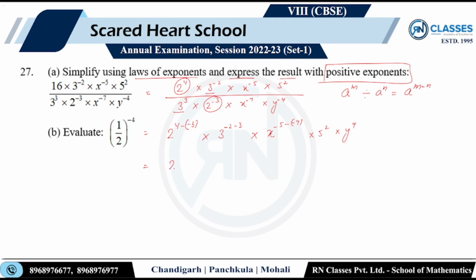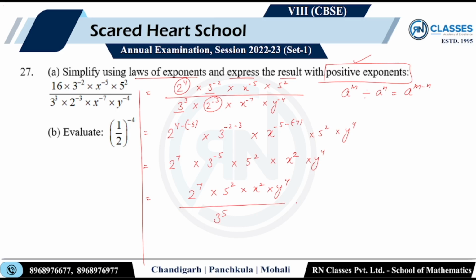So this would become 2 raised to the power 7, 3 raised to the power minus 5, 5 raised to the power 2, x raised to the power minus 5 plus 7, that would be x square into y raised to the power 4. Positive exponents में करना है, so it would be quite straightforward. 2 raised to the power 7 into 5 raised to the power 2 into x raised to the power 2 into y raised to the power 4 by 3 raised to the power 5. Yeah, it's that simple, that's straightforward.